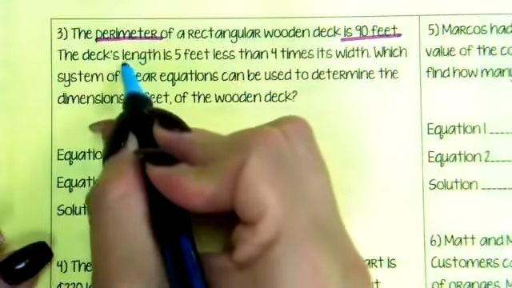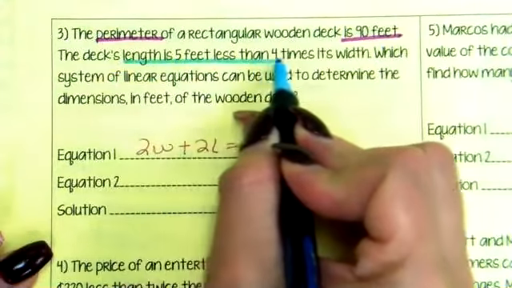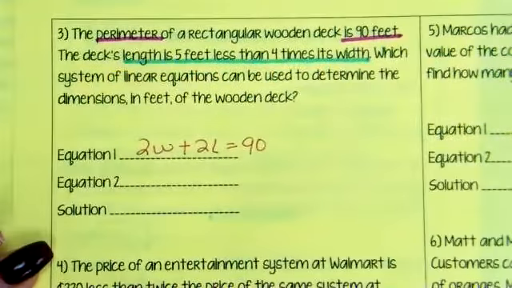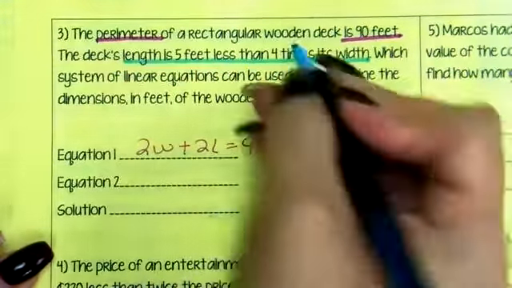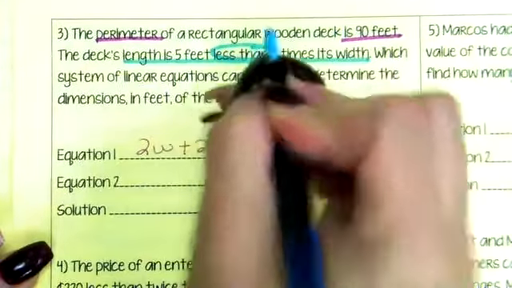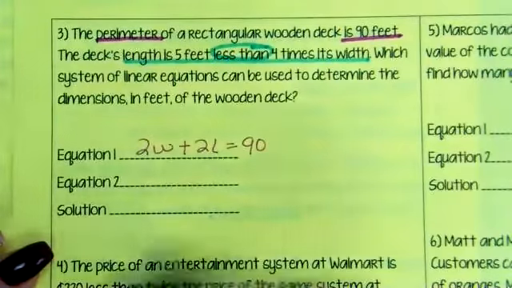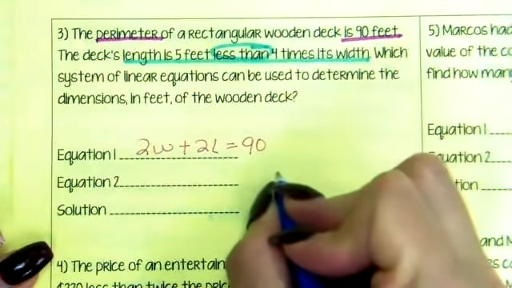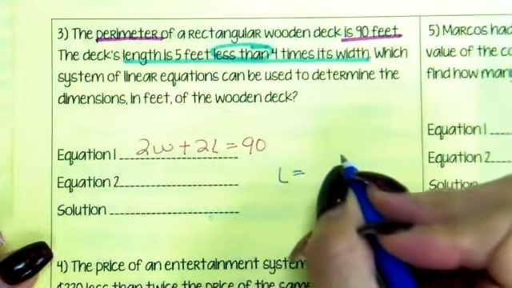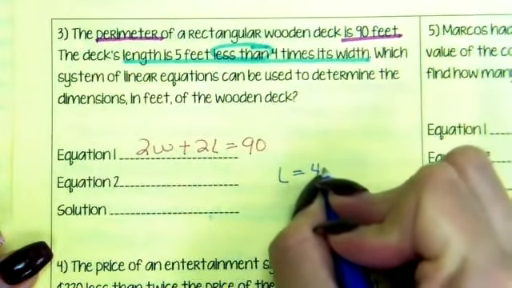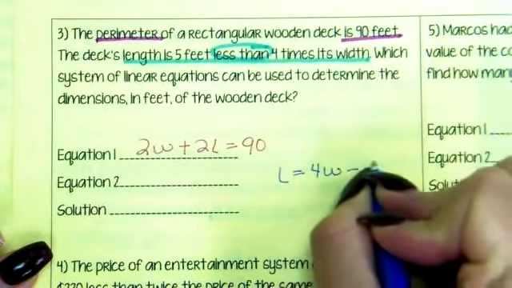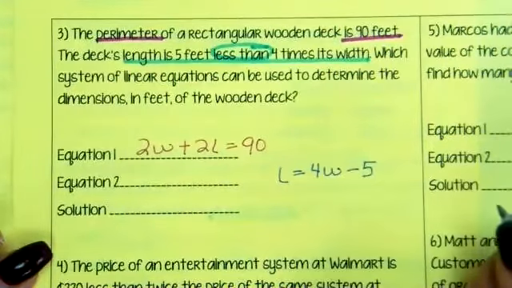The deck's length is 5 feet less than 4 times the width. Here's your turnaround phrase right here, less than. So we could write it as the length equals 4 times the width minus 5 feet.